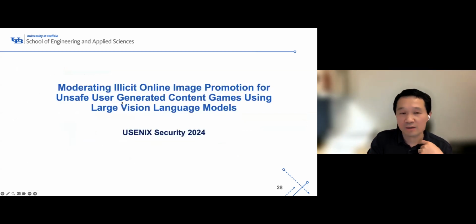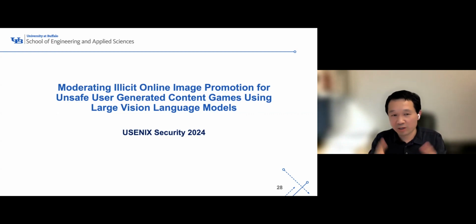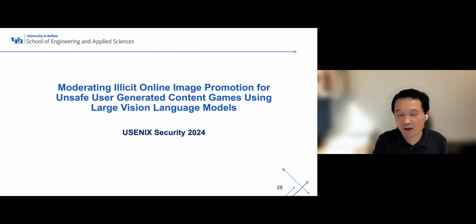This is the last system I want to discuss a little bit. We also utilize generative AI, mainly large vision language models, to prevent some specific content in games, especially games designed for children.